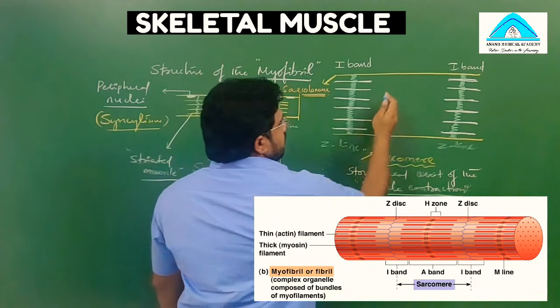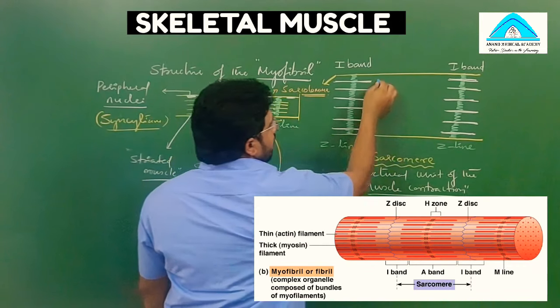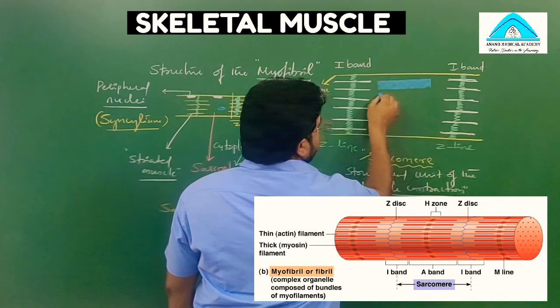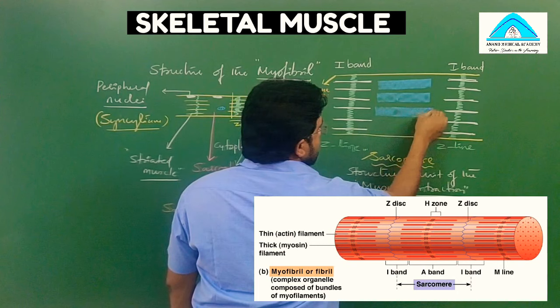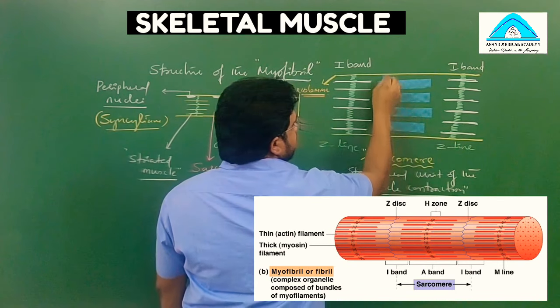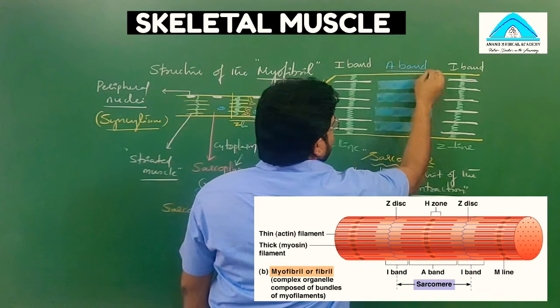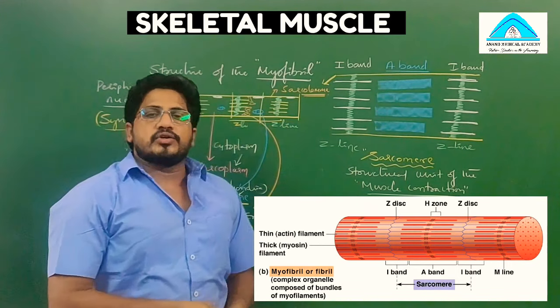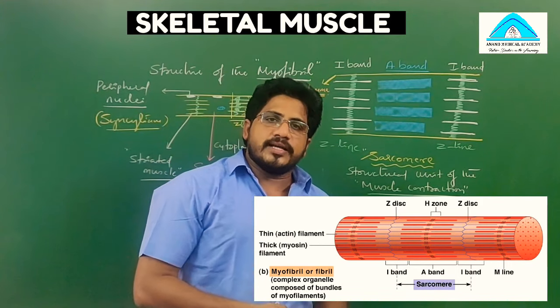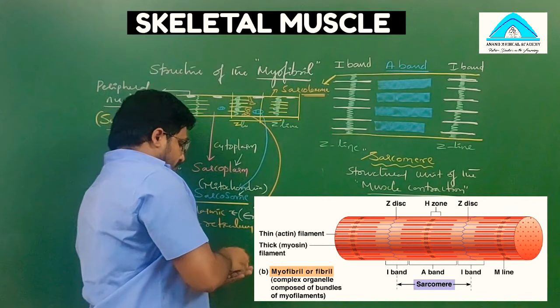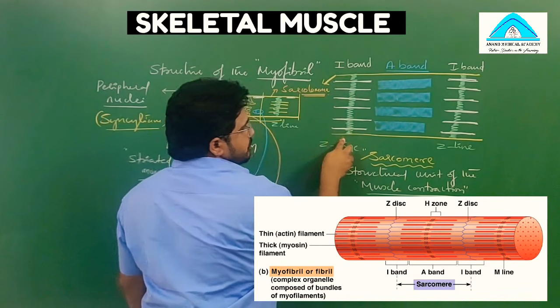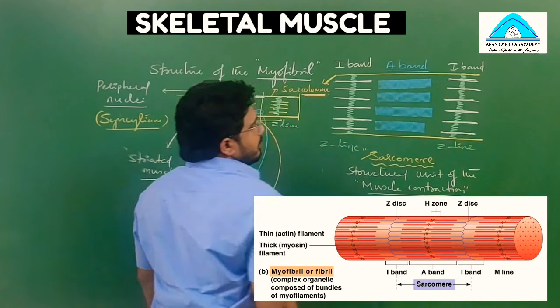Now, in the center of the sarcomere, thick bands are present. These thick bands are called A bands. A band means anisotropic band. I band means isotropic band. At the center of the I band, the Z line is present in both the I bands.